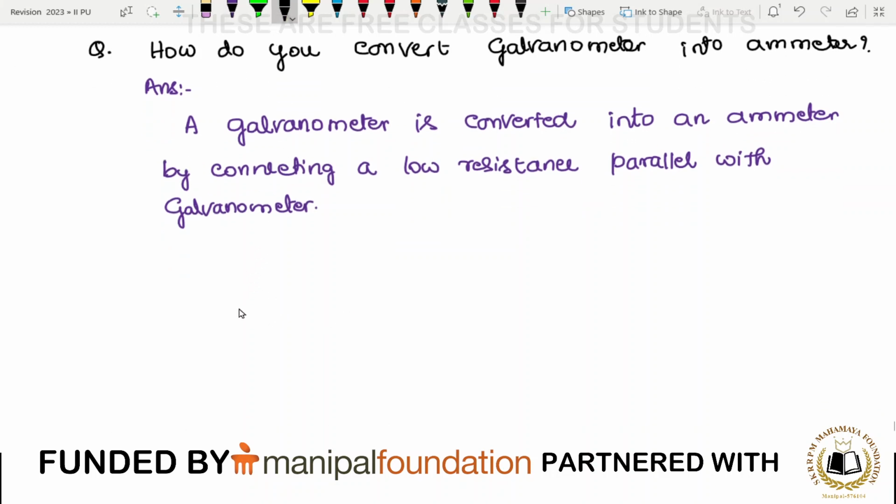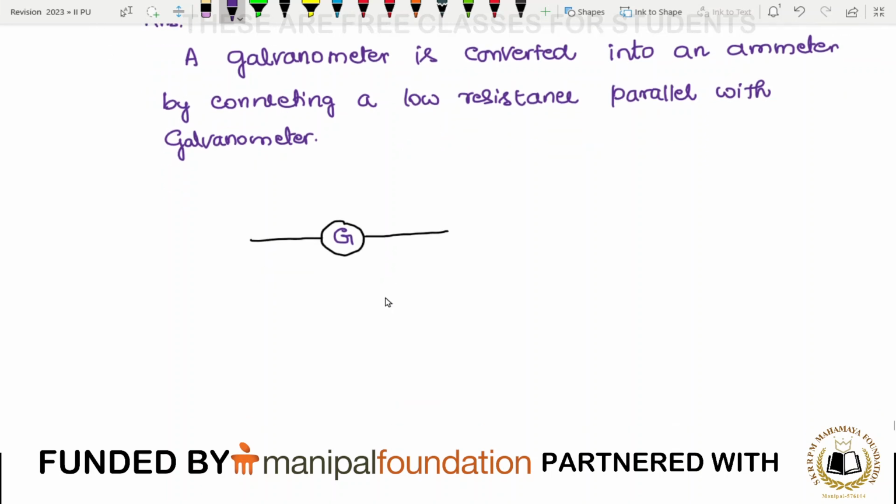First we'll draw the circuit diagram. This is one galvanometer. To convert the galvanometer to an ammeter, I want to use it to measure the current I, the current flowing.